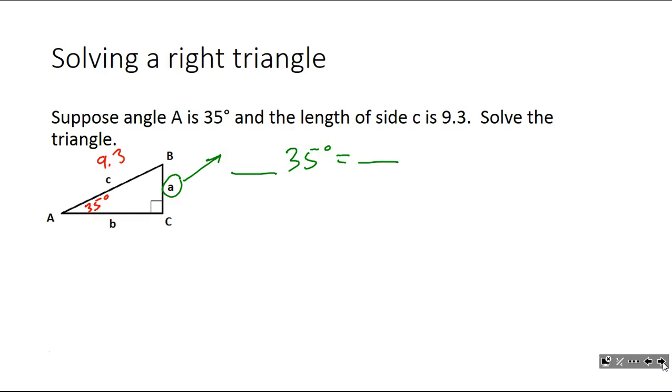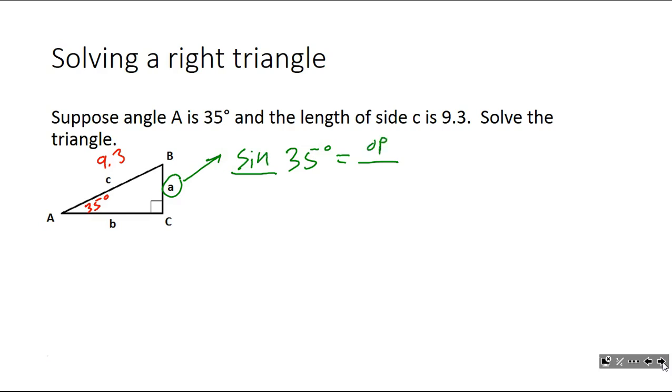We want to set up a fraction that involves what we're trying to determine, which is A, and also the side that we know, which happens to be C, 9.3. Now think about how those would be labeled. A would be opposite of 35 and C would be the hypotenuse. Opposite and hypotenuse should suggest to you the sine function.